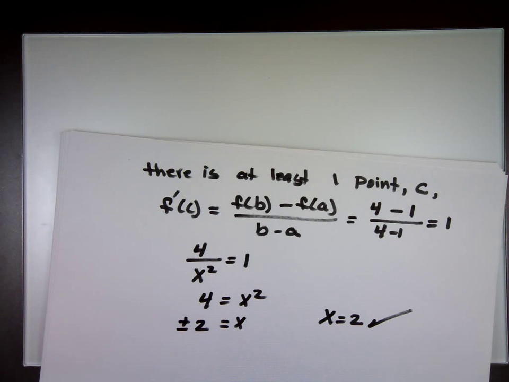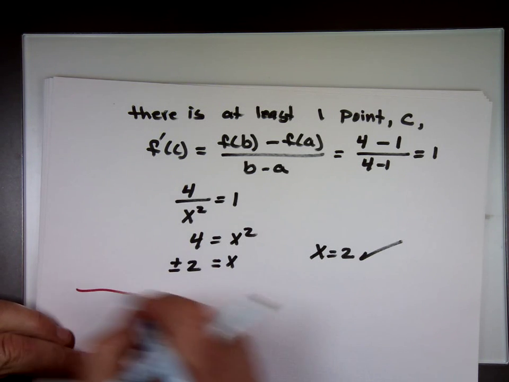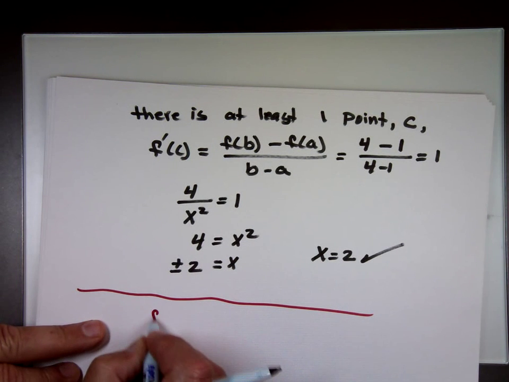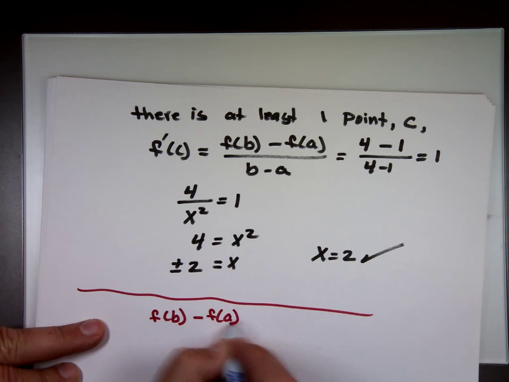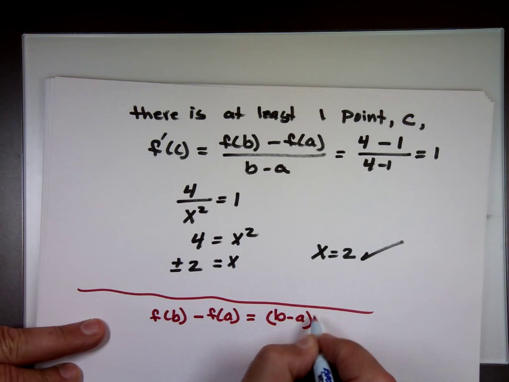Now, a lot of times that equation might look a little bit different, by the way. A lot of people don't want to write fractions, so they take this equation. If you play with it, mathematically it will look like this: f of b minus f of a equals b minus a times f prime of c.